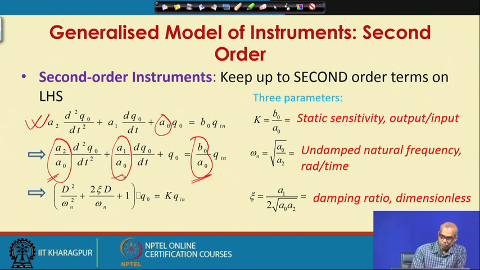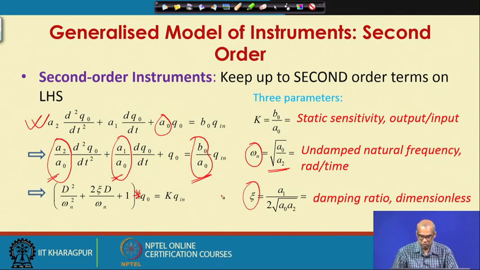These two terms are written as follows. We introduce a term called natural frequency, which is square root of a 0 by a 2, and we introduce another term called zeta, which is a 1 by 2 square root of a 0 a 2.